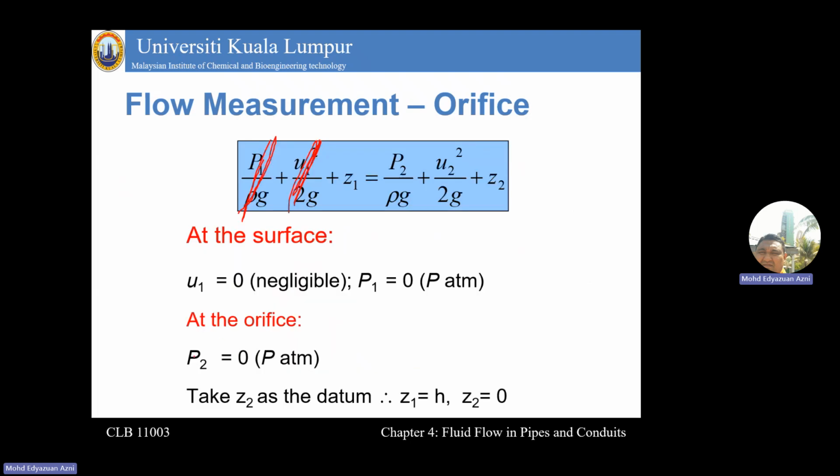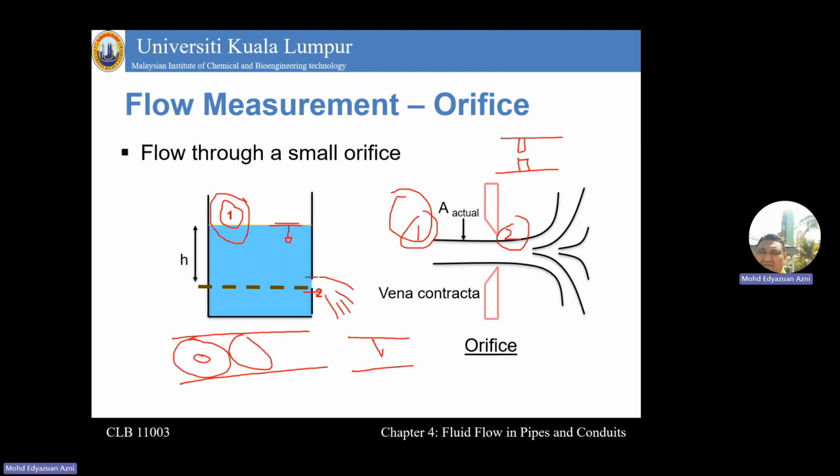That's why we say that P2 is 0. But U2 we still have, because at point 2 the velocity is very high. And Z1 and Z2, the elevations, we still have because they are not on the same line, but different.